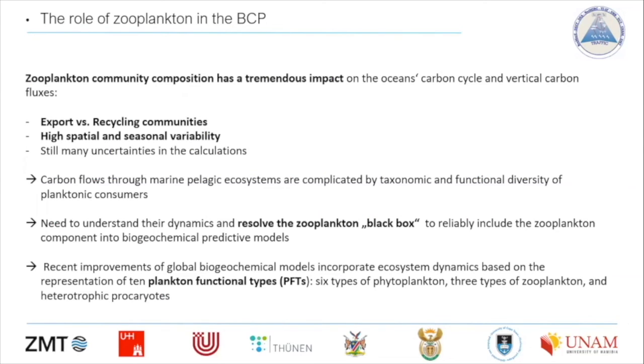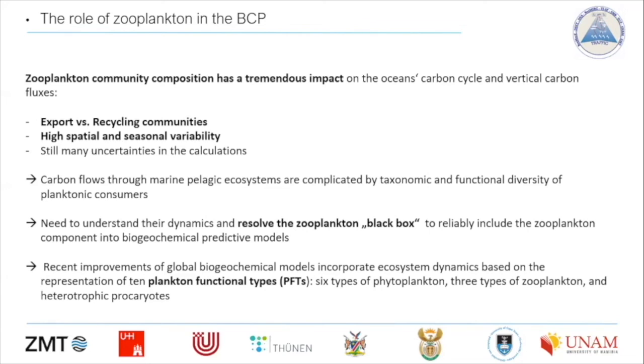So to sum up, the zooplankton community composition has a tremendous impact on the ocean carbon cycle and the vertical carbon fluxes. So we find exponent recycling communities. We have high spatial and seasonal variability, but there are still many uncertainties in the calculations. So the carbon flows through the marine pelagic ecosystems are complicated by taxonomic and functional diversity of the planktonic consumers.